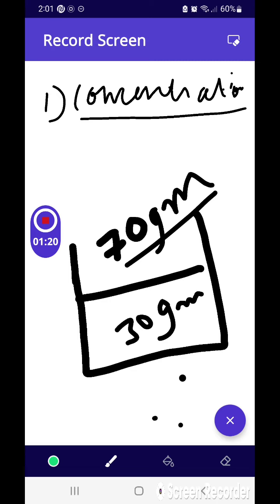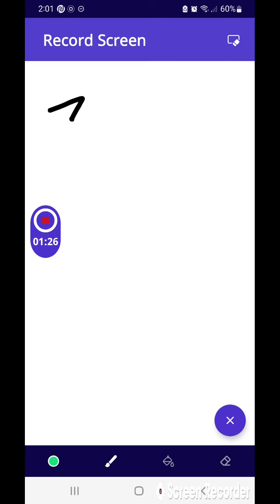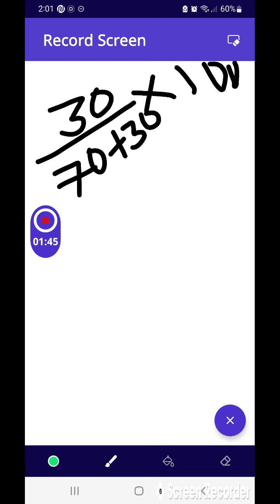So what I will write would be 30 upon 70 plus 30. 70 was the water which we had in the tumbler, and 30 is the sugar that we are adding into 100.